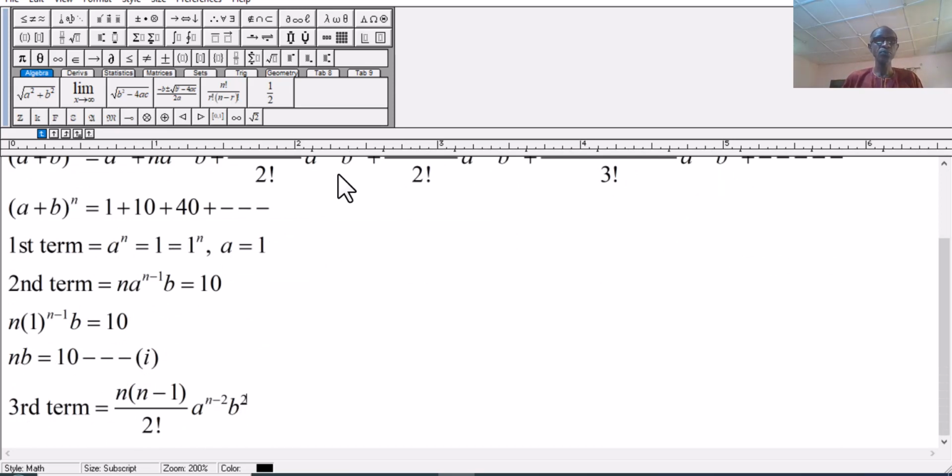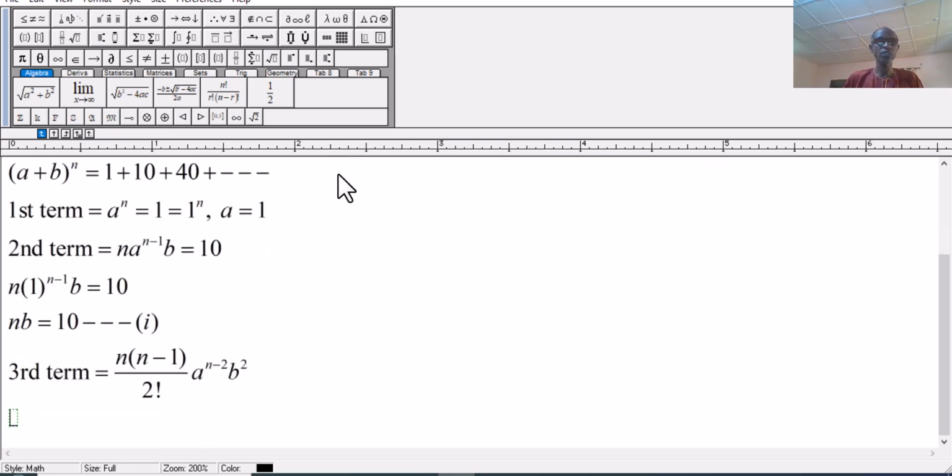So we know the value for our a. Our a is 1. So the third term is n into n minus 1 over 2 factorial.